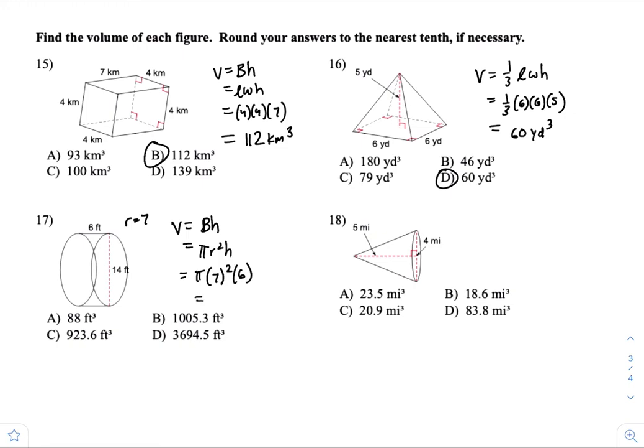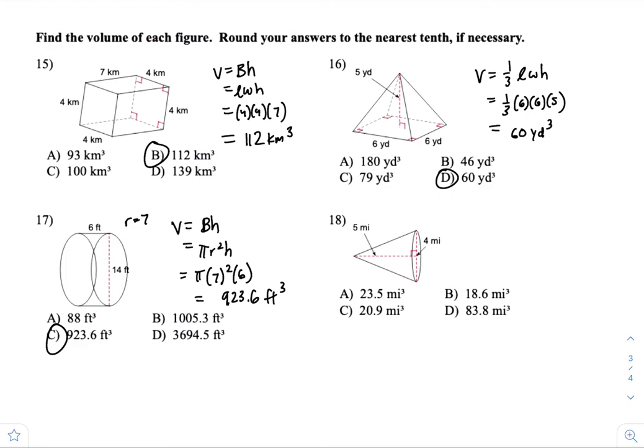Multiply all that together. Pi times 7 squared times 6. And that should give you, rounded to the nearest tenth, 923.6 feet cubed, which is C.